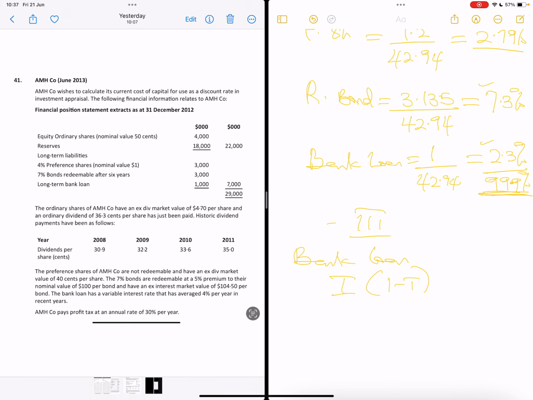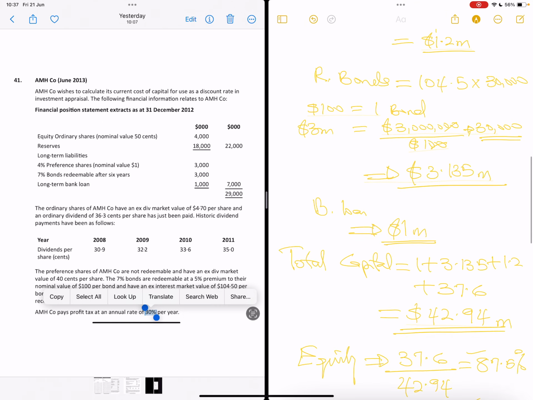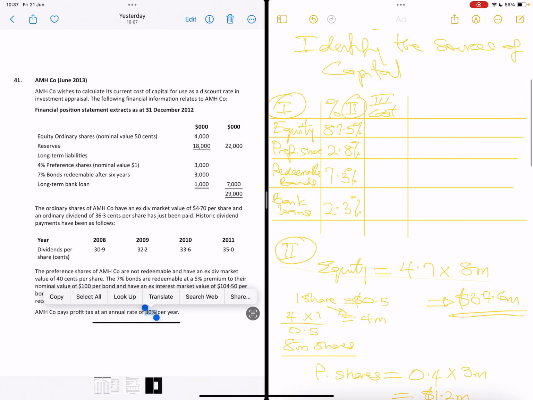So the bank loan interest is 4%. That's 4% times (1 minus tax), with tax given at 30%. So that equals 4% times 70%, and that gives 2.8%. So the cost of the bank loan is 2.8%.